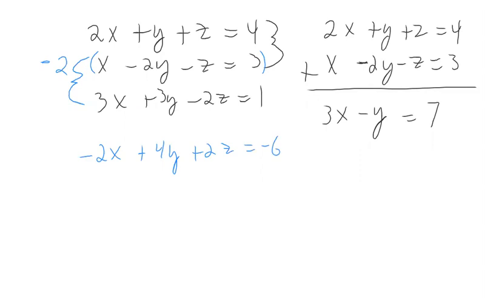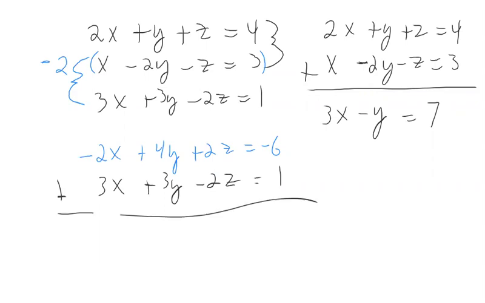Bring my third equation down, 3x plus 3y minus 2z equals 1, and add these together. Negative 2x and 3x is x. 4y plus 3y is 7y. The z's cancel, which is what I wanted to happen. And negative 6 plus 1 is negative 5.